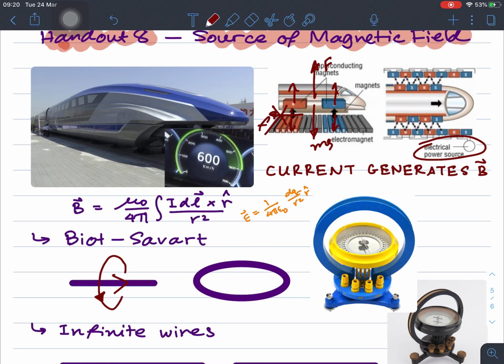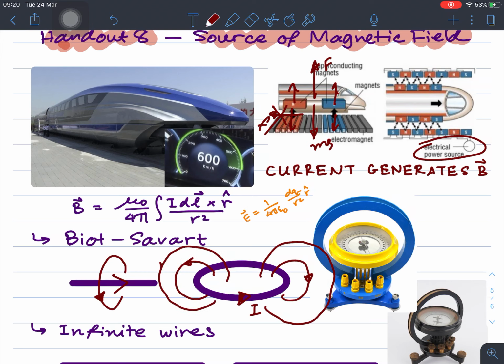Then we change our source into a ring, with the current flowing through it, and this ring can also generate a magnetic field. The magnitude and direction of the magnetic field can be calculated using Biot-Savart's law.